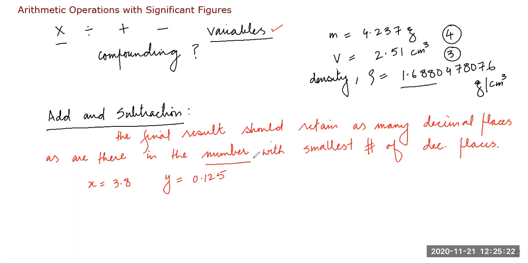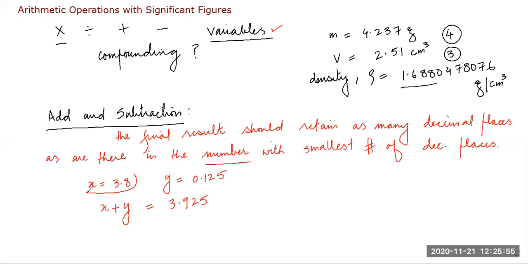Now students, when we add both of them, that means we do x plus y, it should be 3.925, but the rule says the final result should retain as many decimal places as are there in the number with smallest number of decimal places.